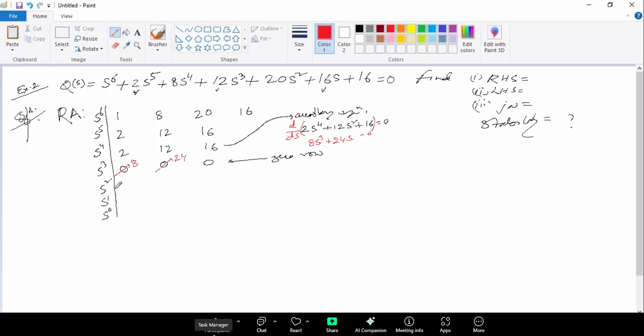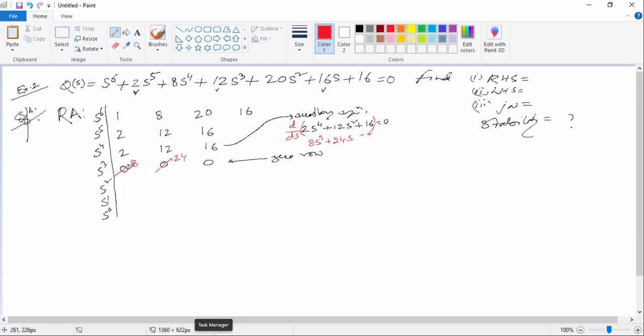Now you do the rest of the calculation to find stability. Very straightforward. First one is 6, then the second one is 16.